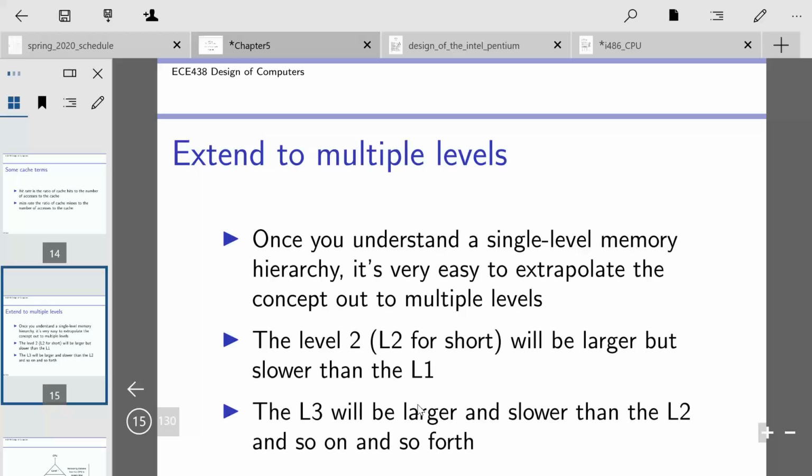Now, of course, as time progressed and they were able to fit large enough level 1 caches on chip, they could dedicate, for example, 8 kilobytes to both the instruction cache and the data cache. So the I-cache and data cache are each 8 kilobytes in size, and then they're split. And so that's where the Pentium came in.